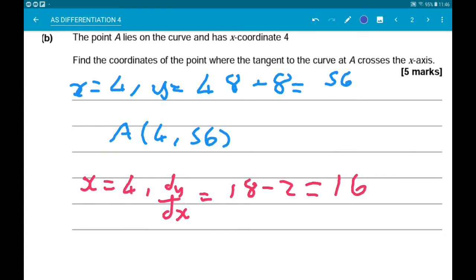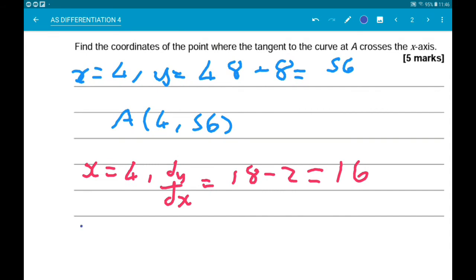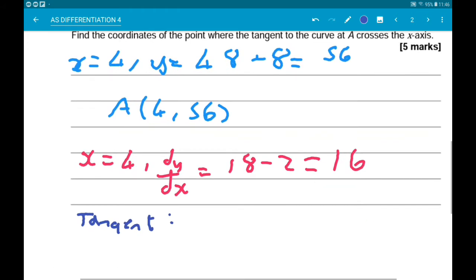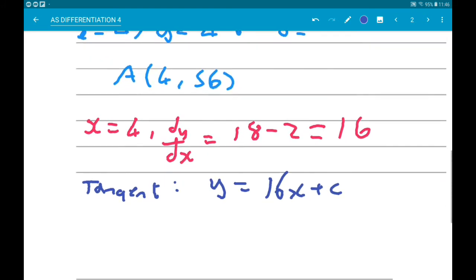Next, we can now find the equation of the tangent. So, using y equals mx add c, we now know that y is 16x add c. Now to find c, we sub in the coordinates of A. So x is 4, y is 56.